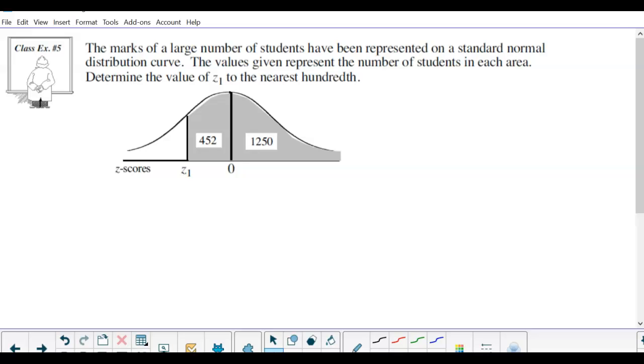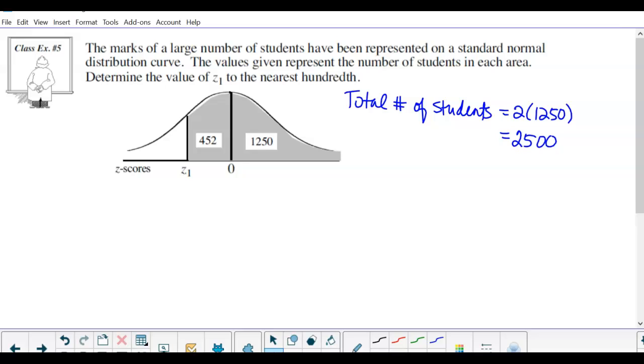How many students in total? 2,500. Yep, this cuts it in half, so this is 1,250, and this has to be 1,250 as well. So a couple of ways.